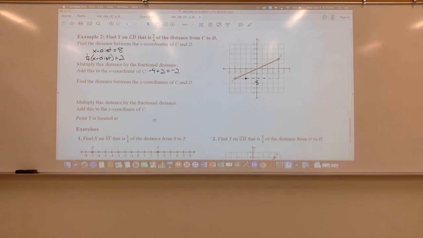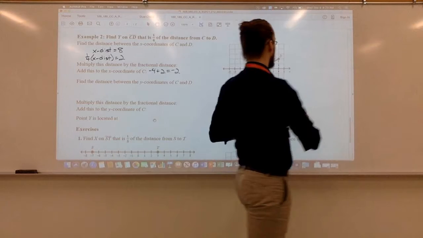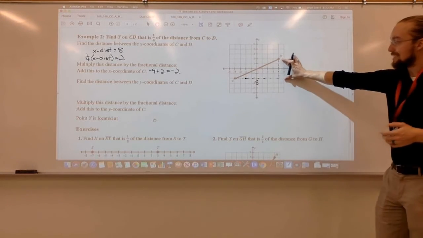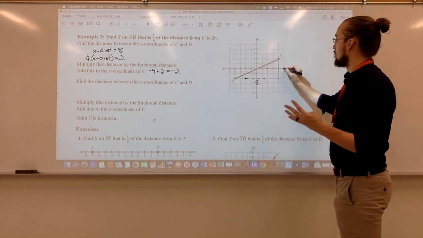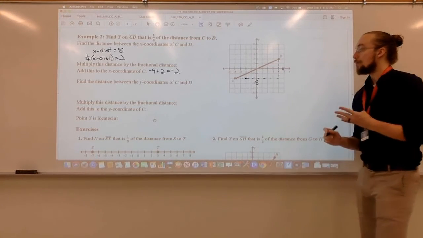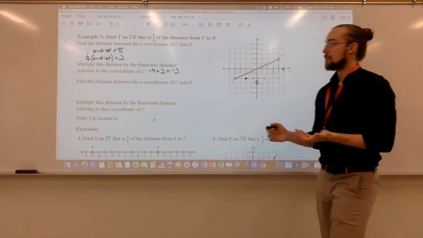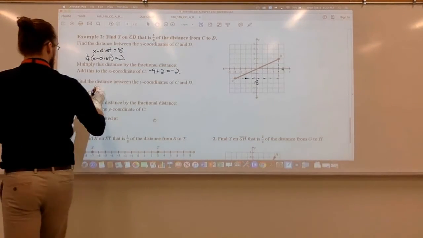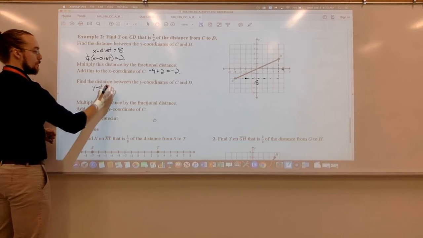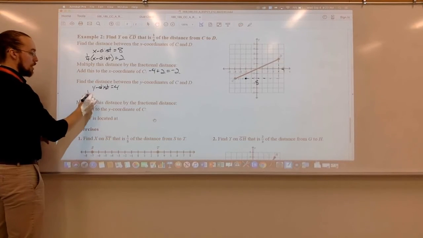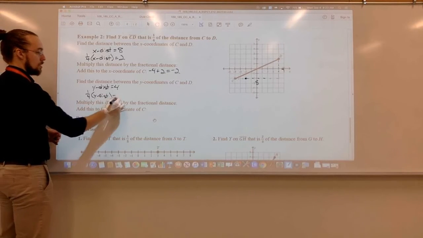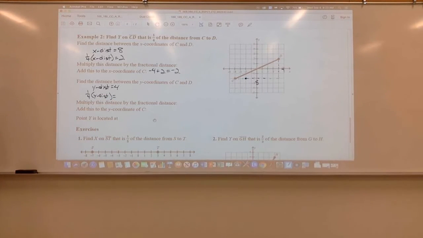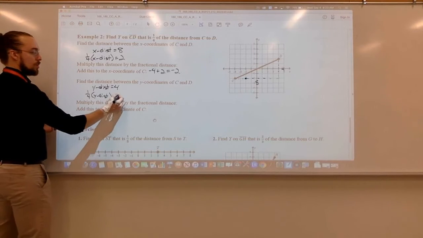Now I just do the same thing with the y's. The distance between my y coordinates, or another way of saying that is the length of this side of the triangle, is 4. But I want 1/4 of that. So my y distance is 4, and 1/4 of 4 would just be 1.